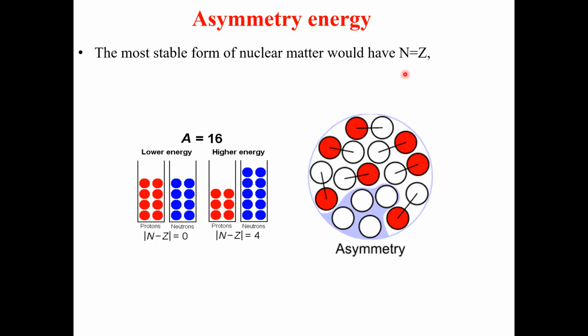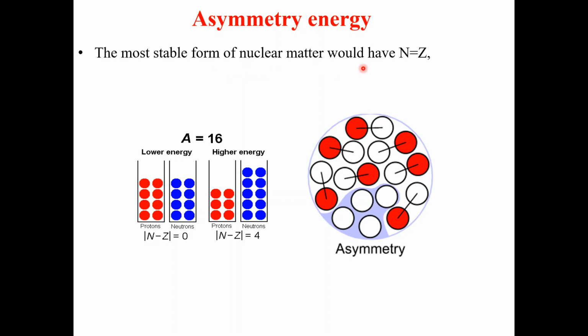Whenever we're trying to discuss the asymmetry energy of a particular nucleon, we assume that we should have the most stable form of nuclear, and there is a fact we should remember.